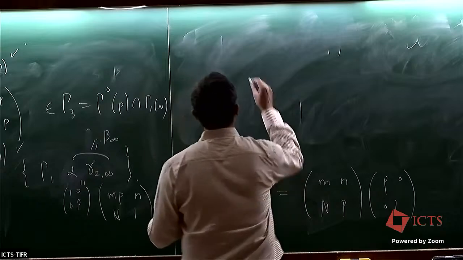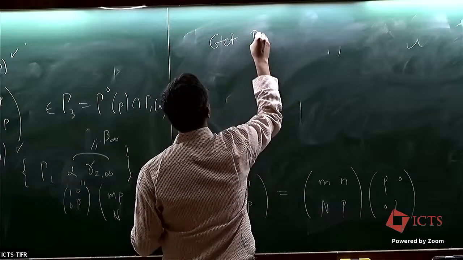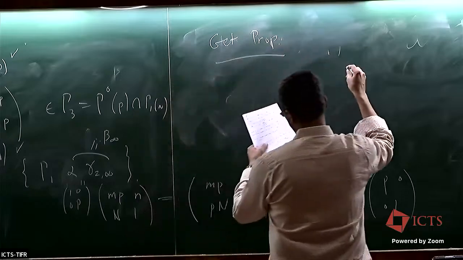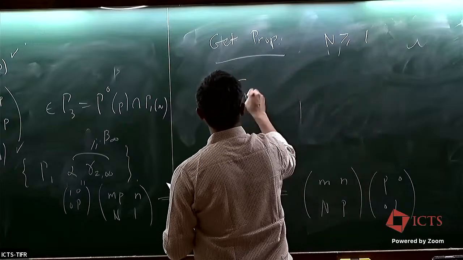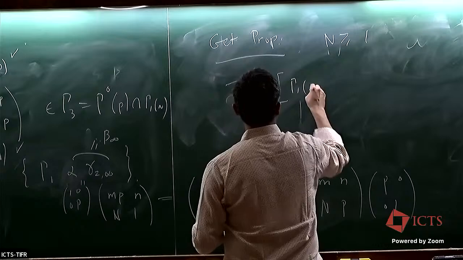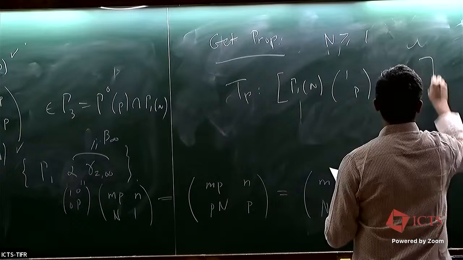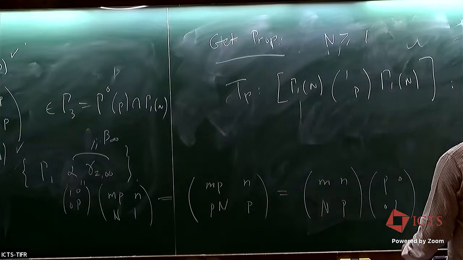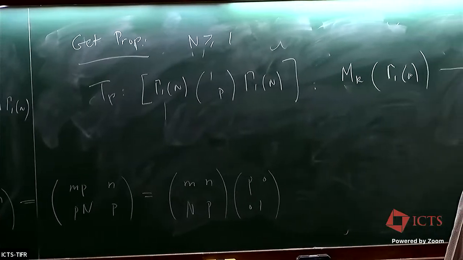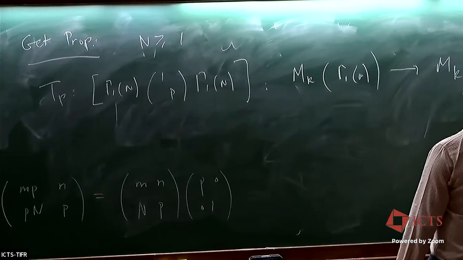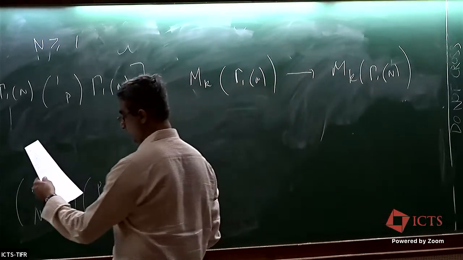So putting everything together, we get the proposition that if n is greater than or equal to 1, then the TP operator, which is gamma 1n 1p gamma 1n, takes nk gamma 1n to nk gamma 1n. It's given by slashing by the beta j's. And we just found the beta j's explicitly. So let's write the formula down.